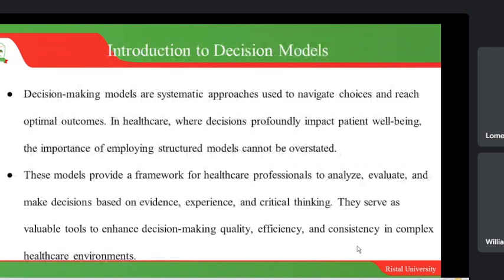From there, we will now have an introduction to decision models. We have said decision-making models are critical approaches that we use in order to navigate choices and reach optimal outcomes. And in this particular area around healthcare, the decisions will profoundly impact patients' well-being.